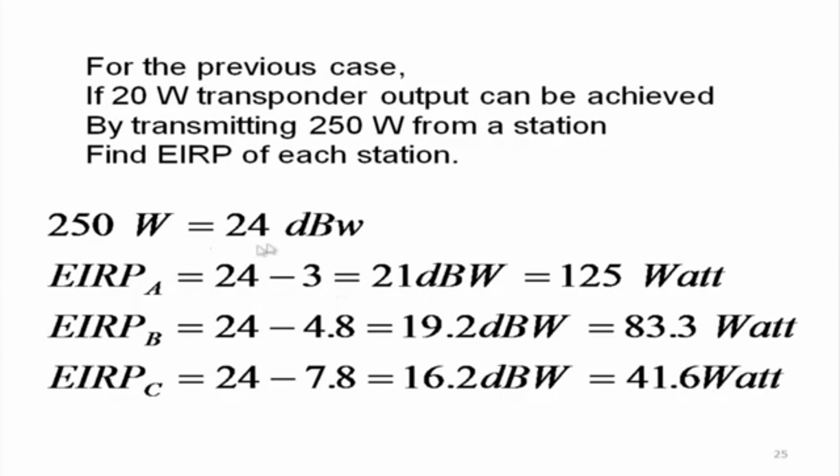Again the apportionment of that 250 watt is 24 dBW. So, 24 dBW minus 3, that is 21 dBW, this is 125 watt from station A, 83.3 watt from station B, and 41.6 watt from station C. And this is another way of calculation, which is simply by apportionment of power and bandwidth.